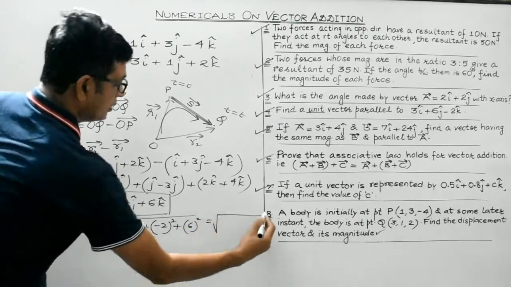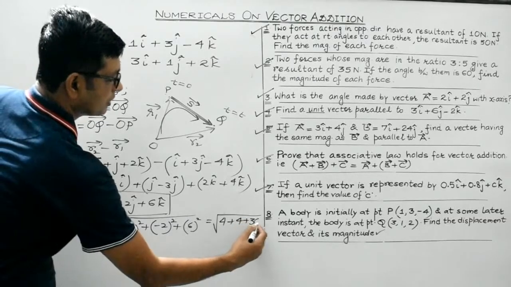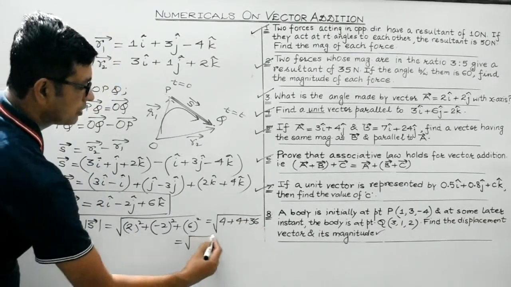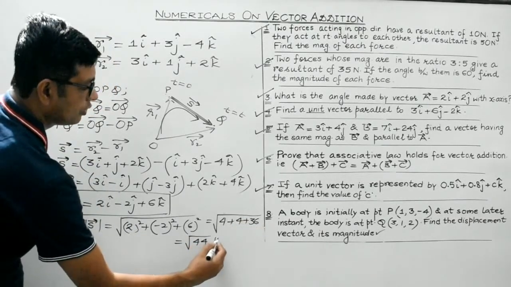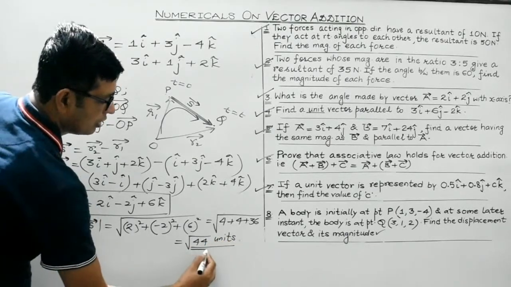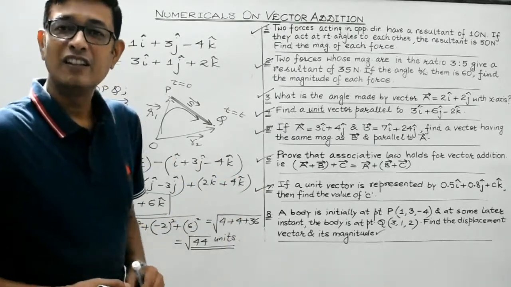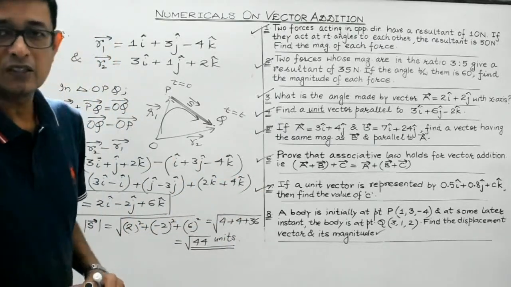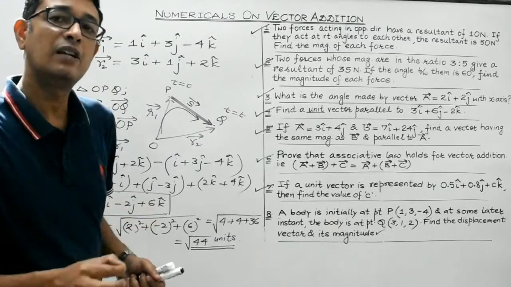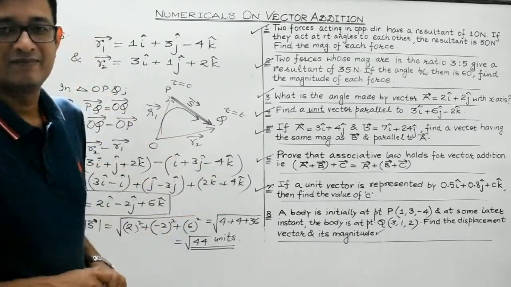So that will give us 4 plus 4 plus 36. So that will give us the square root of 44 units. So this is, students, the answer of the second part, which is the magnitude of the displacement of the body when it moves from initial point P to final point Q.